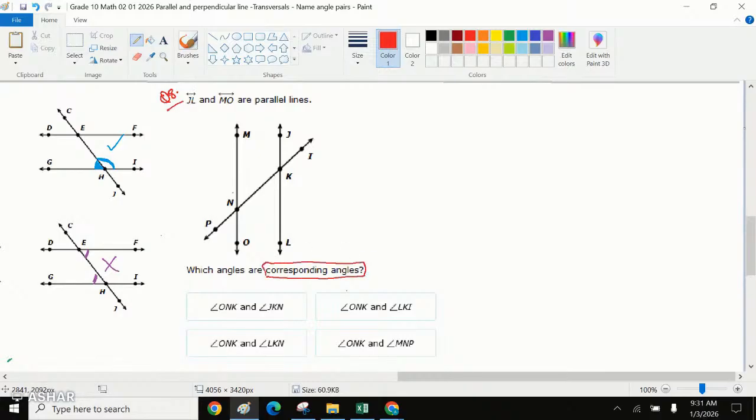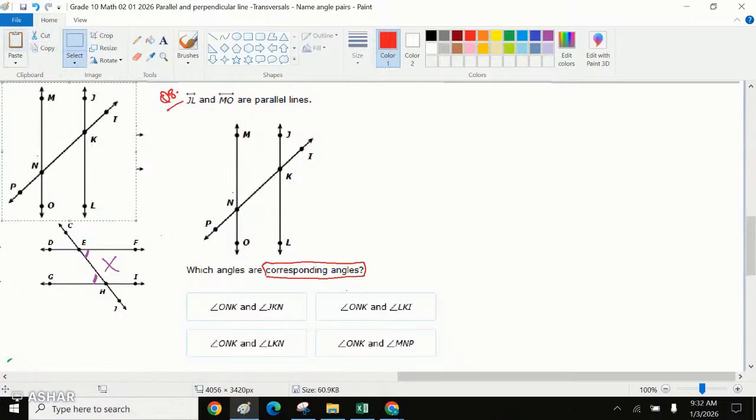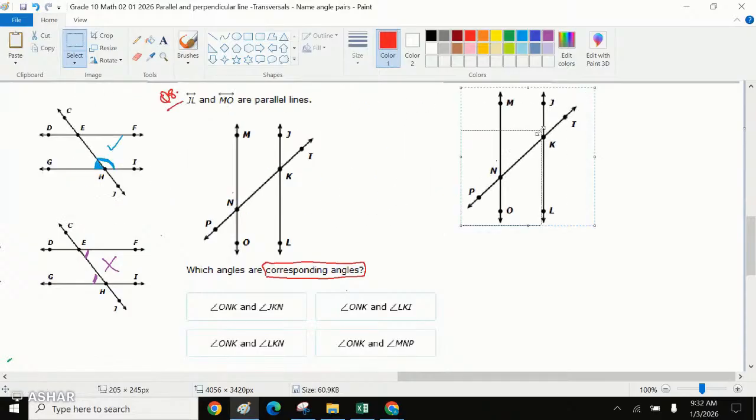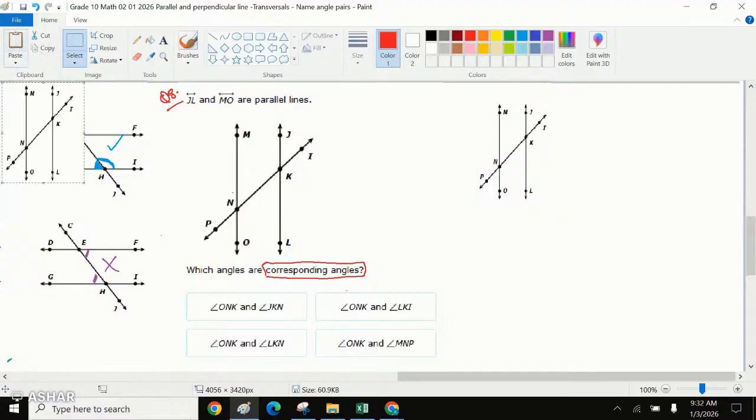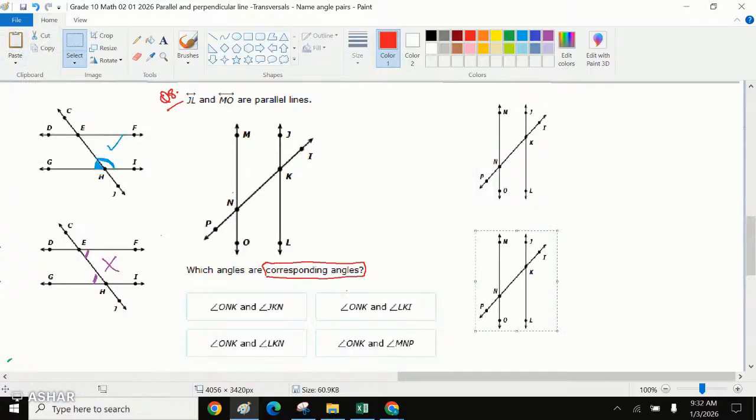Okay, let's make a few copies and let's see which one is the correct answer. If I have these options with me, let's make a copy. The first option, the second, third and fourth.